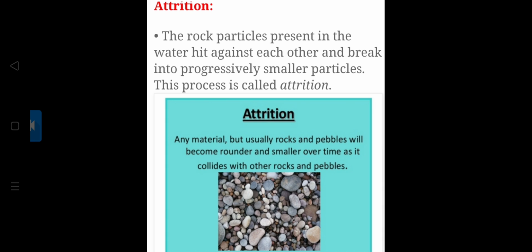Students, I told you already, rocks get rounded off because they bump into each other and become rounded rocks. When they break progressively into smaller particles, it is called attrition.